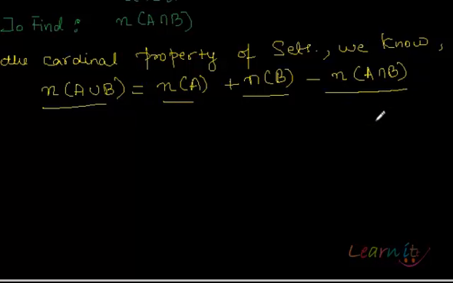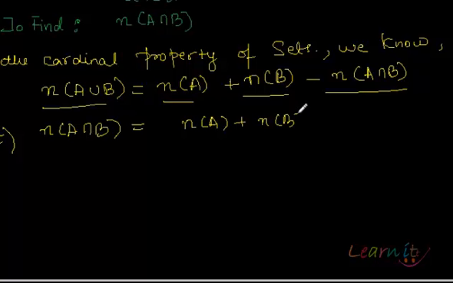We need to find out this. Now this equation can be rewritten as n(A intersection B) equals n(A) plus n(B) minus n(A union B).